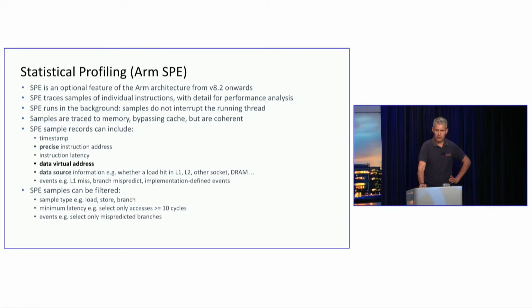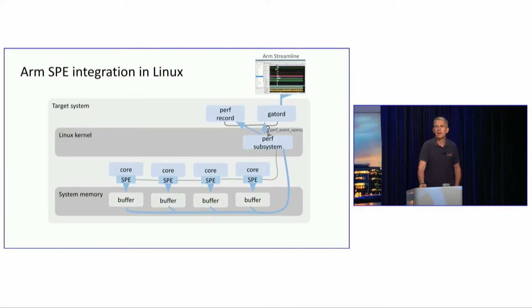You can do some filtering. You can filter the samples based on the events they encounter. SPE is attached to each core, and it writes out to a memory buffer. So it's very similar to the new style processor trace, but a different buffer. Linux is managing 2 buffers, one for processor trace and one for SPE, if you've got them both enabled.